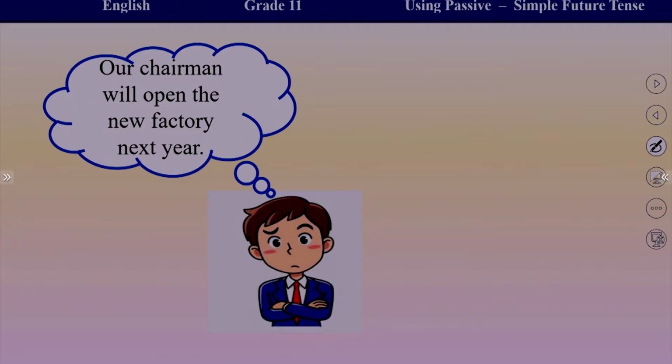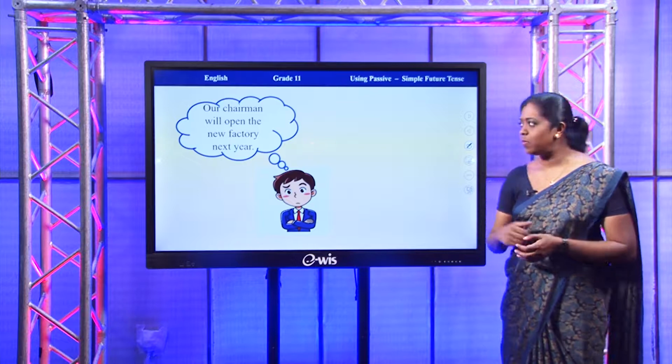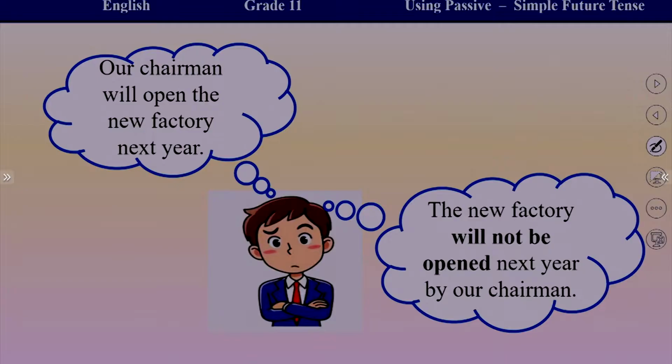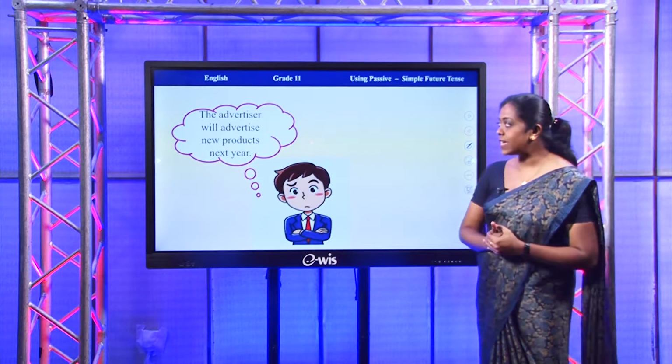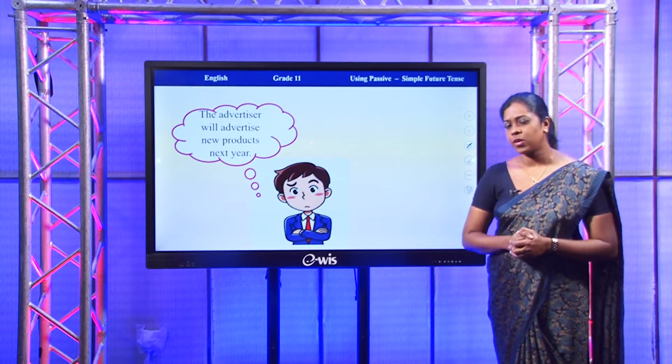Our chairman will open the new factory next year. Will he? No. Our chairman will not open the new factory next year. How are you going to put it in the passive form? Just like this. The new factory will not be opened next year by our chairman. And the next sentence, the advertiser will publish new products next year. Is this going to happen?